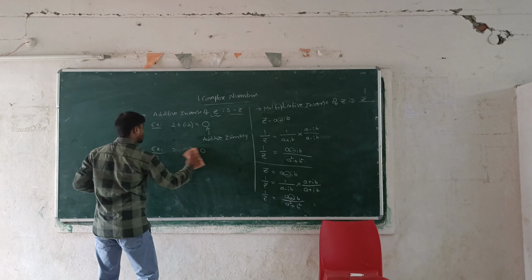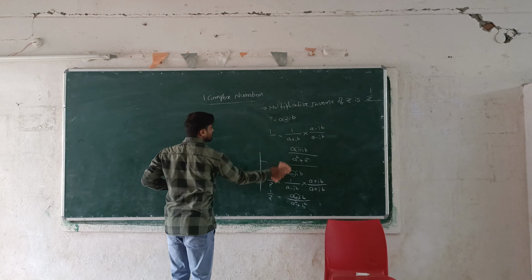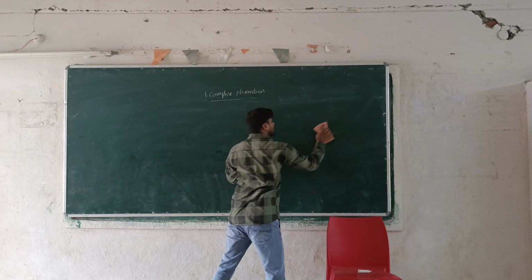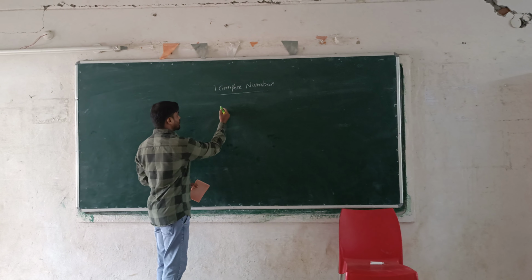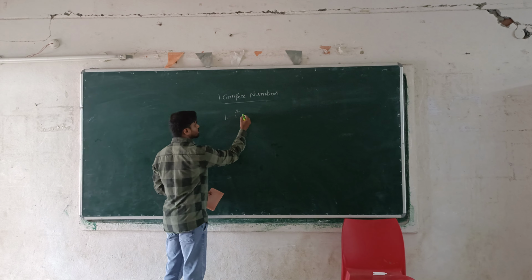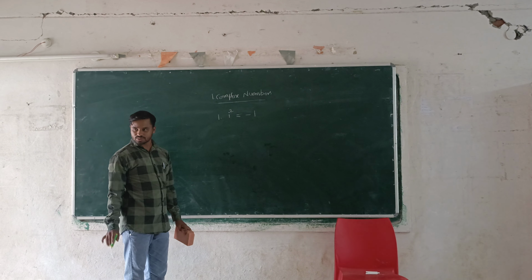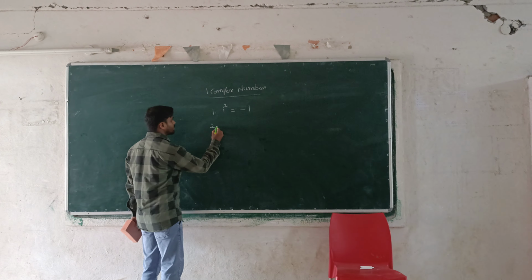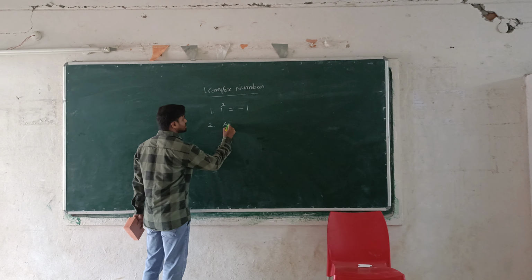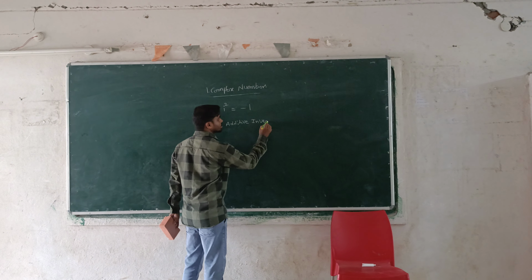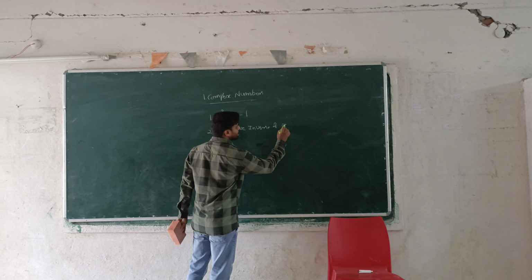Okay? Quickly I will summarize what we learned here. There are only three concepts in today's topic. The first concept: i square is equal to what? i square is equal to minus 1. The second one, additive inverse of z is what?